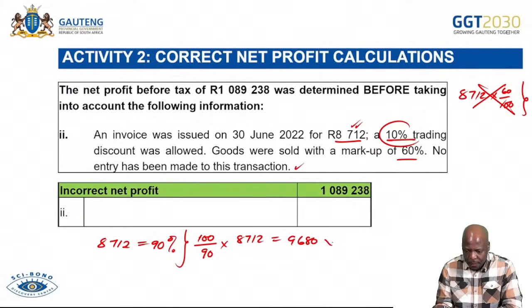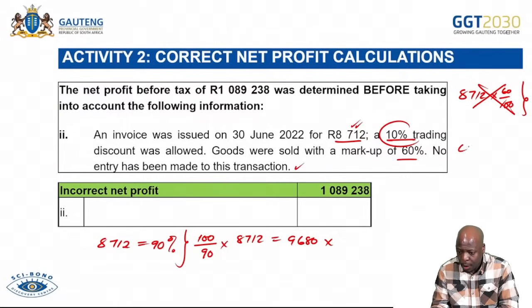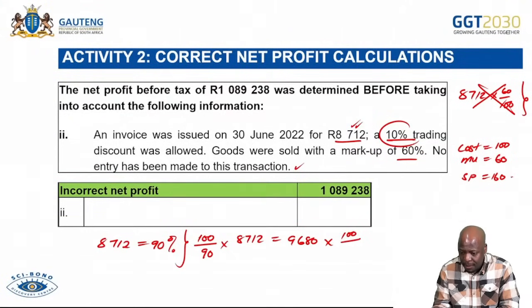And then if this was the original amount on this invoice before the trade discount, I can calculate cost of sales then. I know every time cost is 100. In this case, markup is 60. Therefore, selling price becomes 160. I want 100, and what I have is the selling price, the amount that was on the invoice before the trade discount, 160.